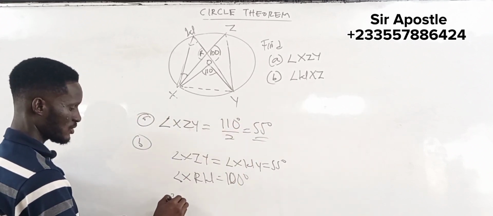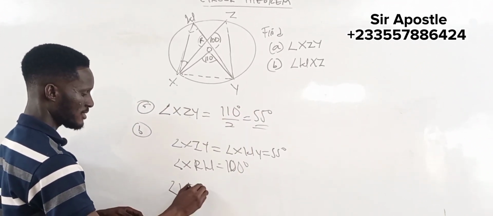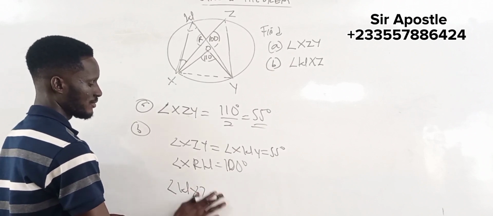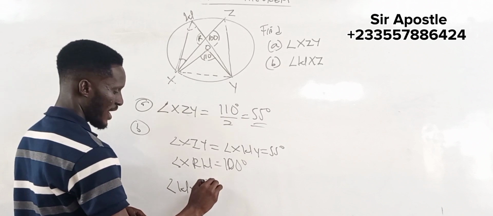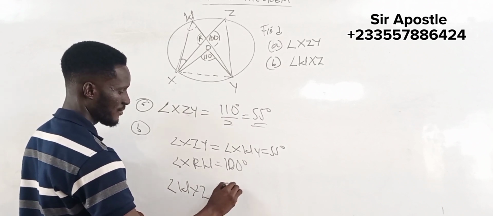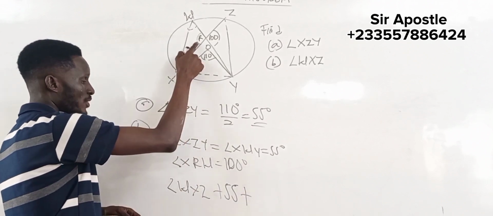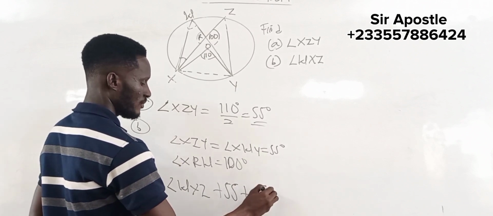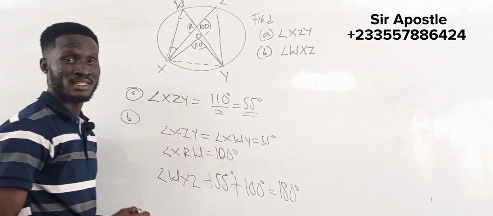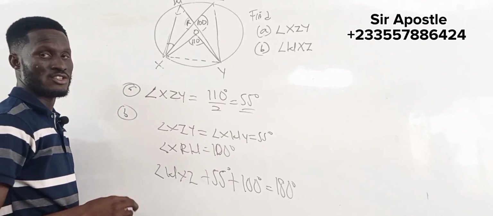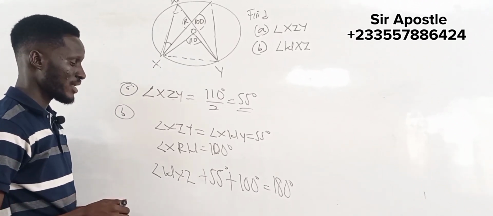So we have angle WXZ plus here, let me write it straight. Here is 55 plus this side, which is 100, should give us 180 degrees because they are angles in a triangle which sum up to 180 degrees.